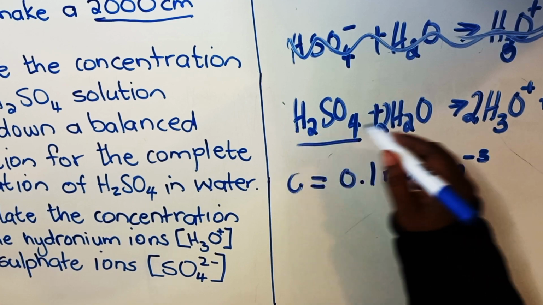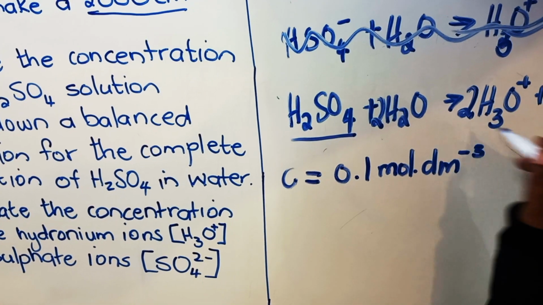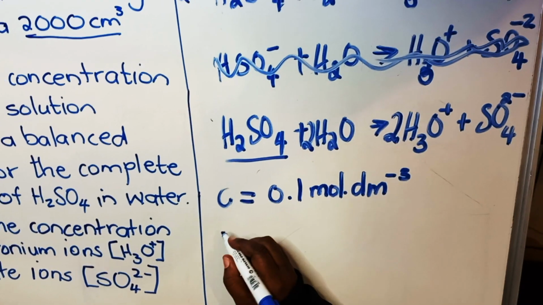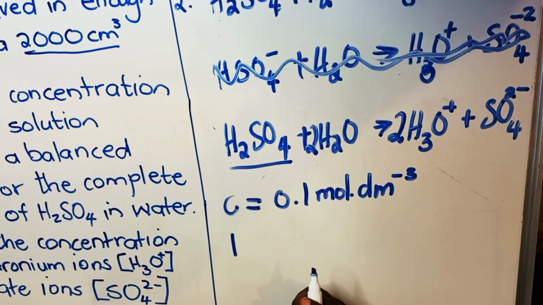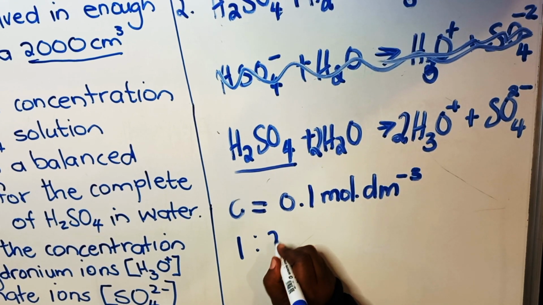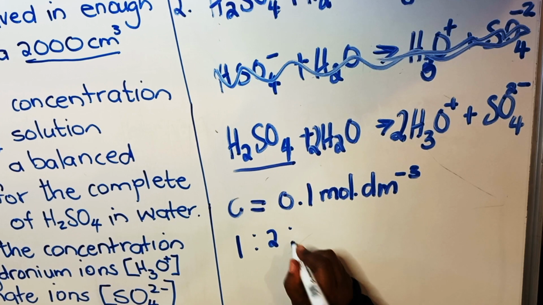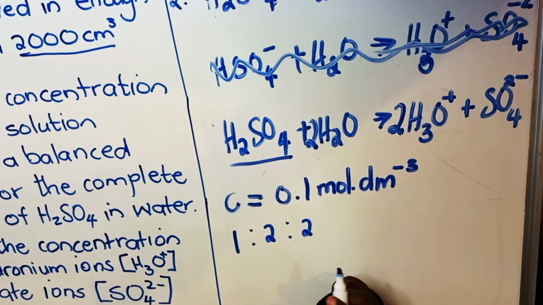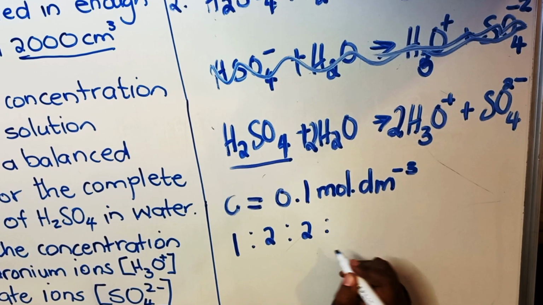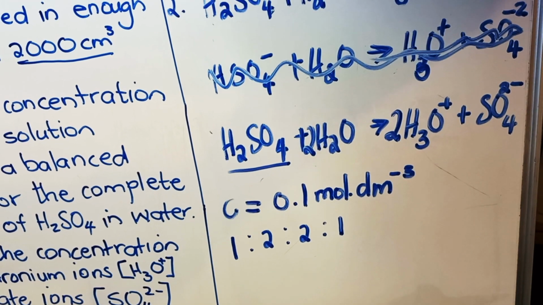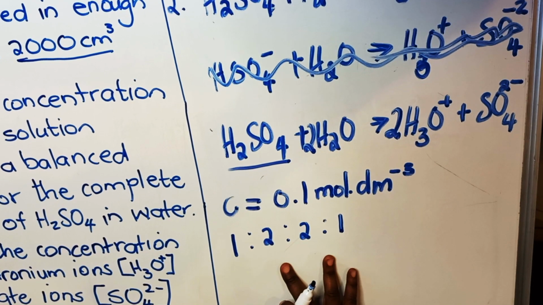So here we have a 1, here we have a 2, here we have a 2, here we have a 1. So the molar ratio is 1 sulfuric acid will react with 2 water molecules to form 2 hydronium ions and 1 sulfate ion. So this is the molar ratio that you use.